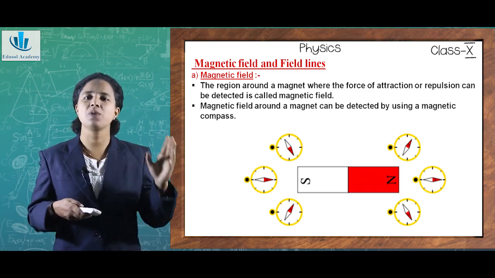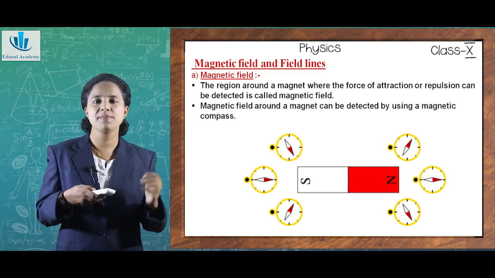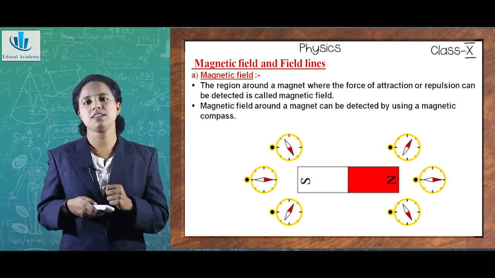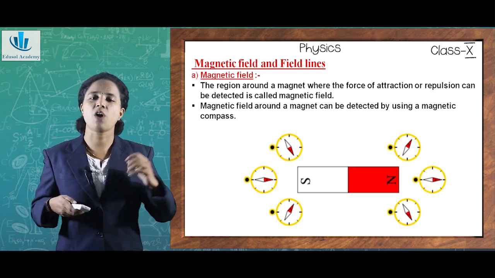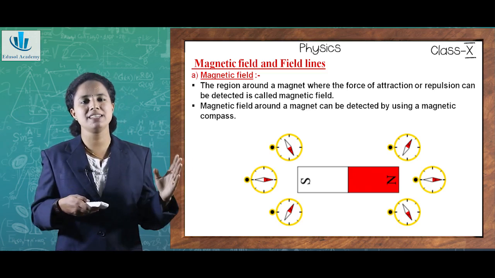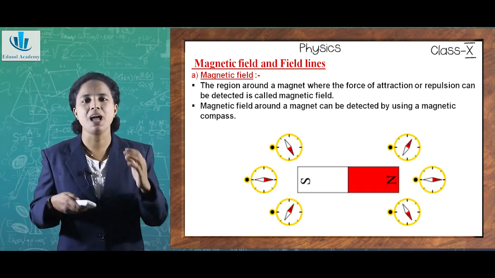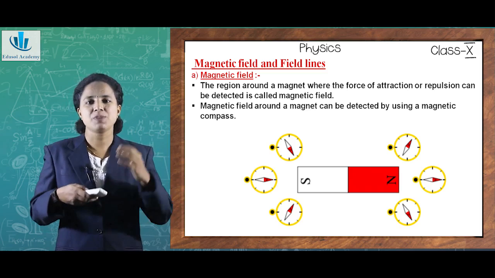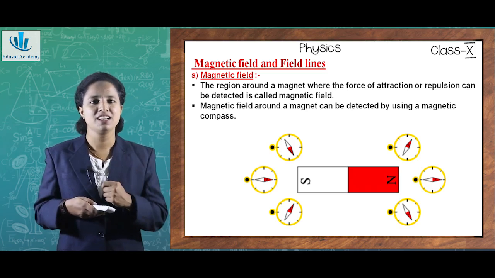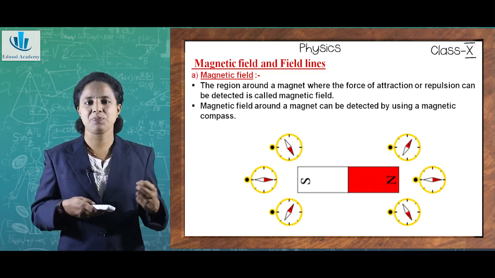The region around a magnet where we can find the force of attraction or repulsion is called the magnetic field. And the magnetic field around a magnet is detected using a magnetic compass. As we said in the previous experiment, we detected the magnetic field using a magnetic compass.